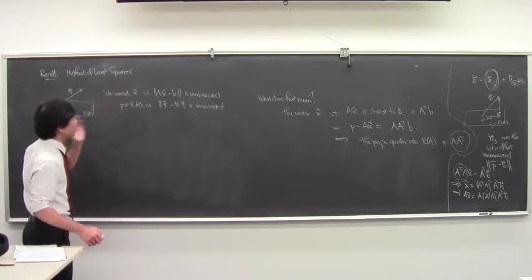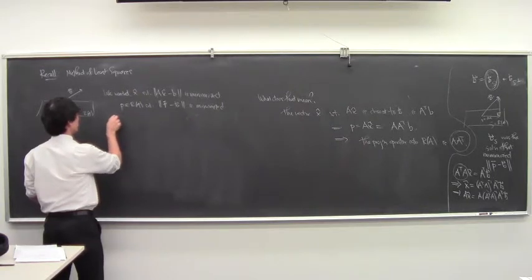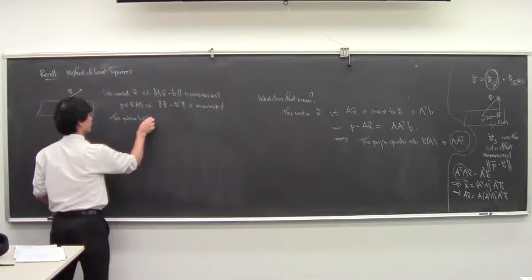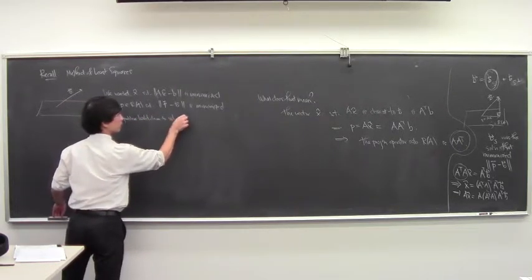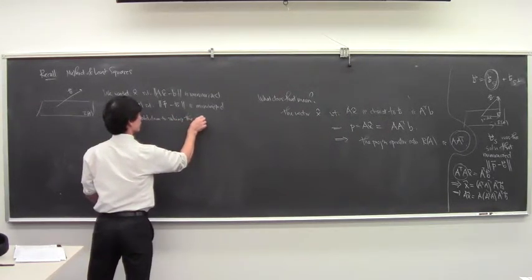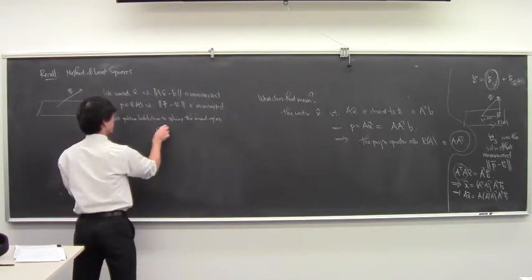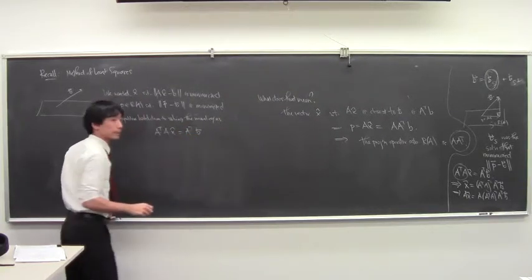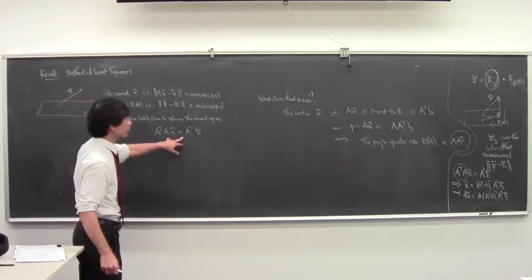And then what we saw was that this problem boiled down to solving the normal equations, and the normal equations were this: A^T A x equals A^T B.